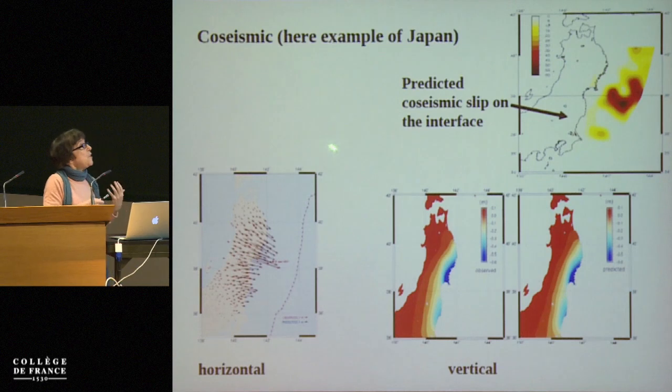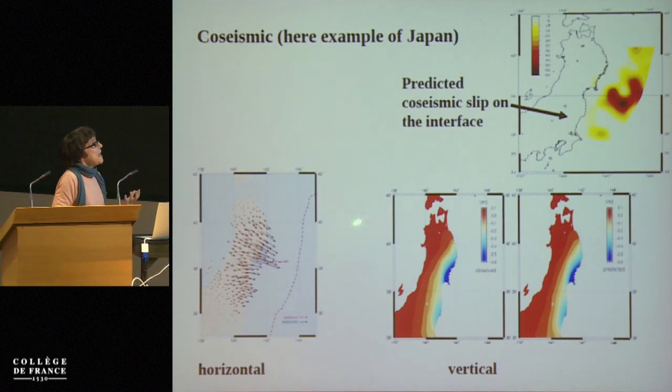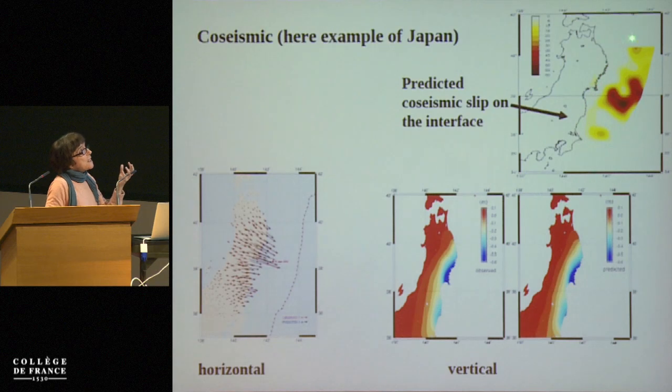And the first thing to do with those grids is to use the coseismic data to invert for the coseismic slip on the interface, because it is this coseismic slip which will induce the stresses in the mantle everywhere. So it is important to do this first inversion.